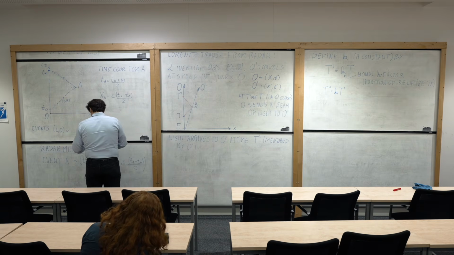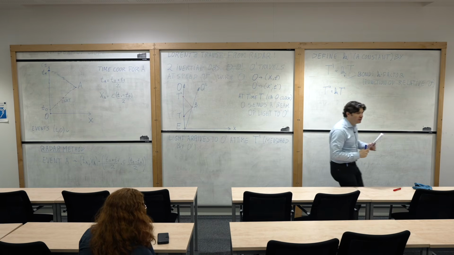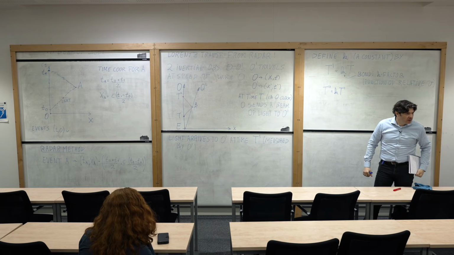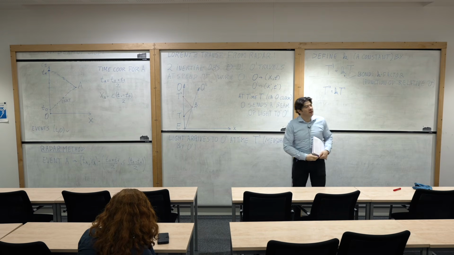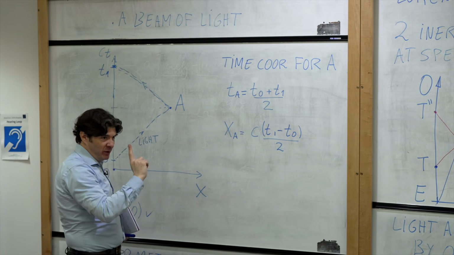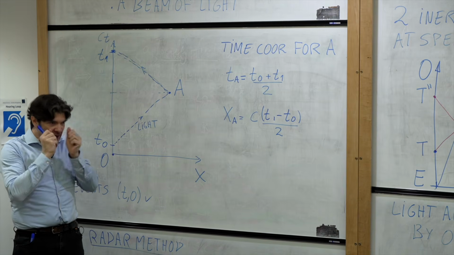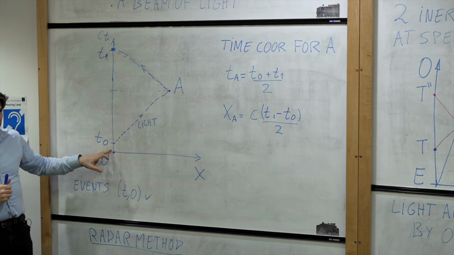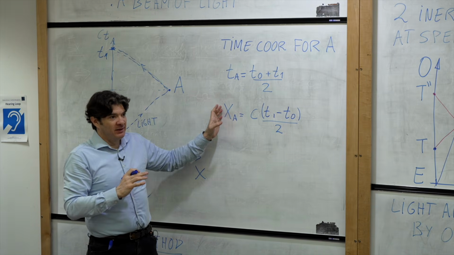Beautiful. Yes, the original example with the radar. Are we assuming that between the time for the light to travel to A and reflect back, our observer is stationary with respect to the event A? Right, that's a very good point. The event A is not an observer. The event A is just something at a fixed space and a fixed time with respect to O. So it has fixed coordinates x and t.